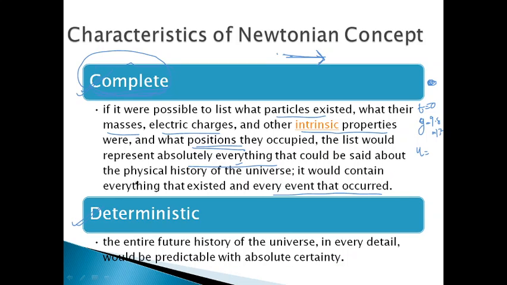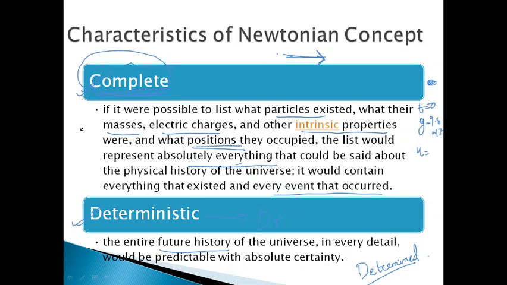The second property of the Newtonian concept is determinism, that it is deterministic. This simply implies that everything can be determined if we are given certain parameters. If we are given the intrinsic properties of the particles and the equations, the basic dynamics of these particles, then the entire future history of the universe can be predicted.